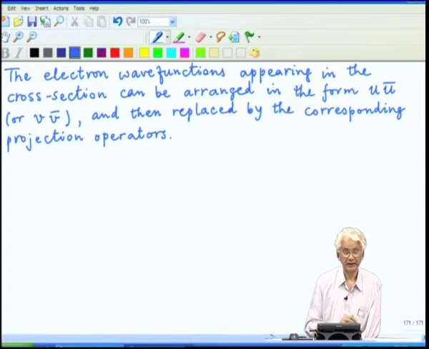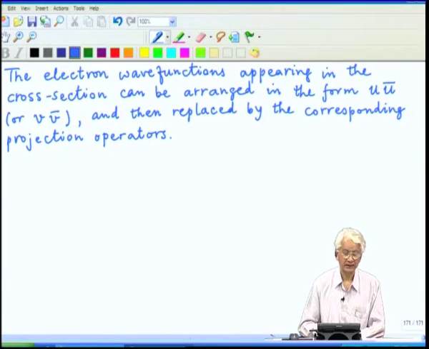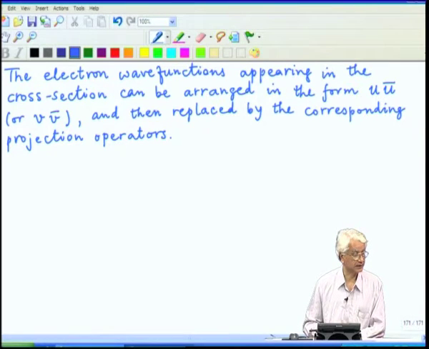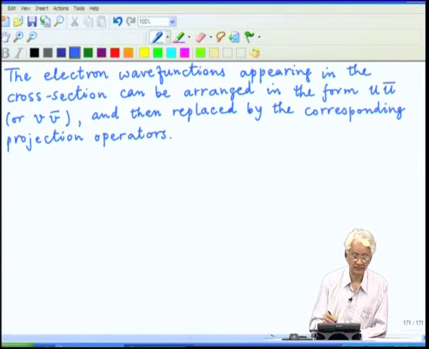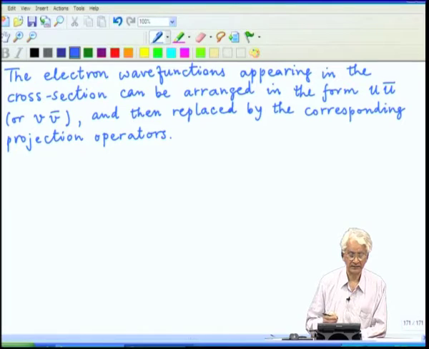But when the amplitude is squared, the squared form always has this u times u bar sitting together, or if they are sitting at opposite ends, they can be brought together by including the cyclic trace functions, and then the whole structure simplifies, and one only ends up using the projection operators and not the explicit form of the wave functions. The projection operators can decide between positive and negative energy solution, or also the corresponding up or down spin, whatever may be necessary.